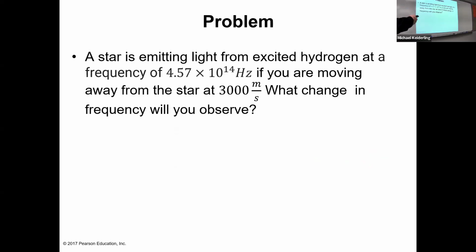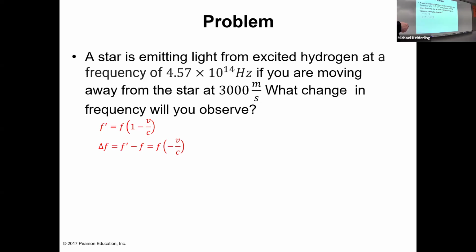So if a star is emitting light from excited hydrogen at a frequency of 4.57 × 10⁻14 hertz, and you're moving away from the star at 3,000 meters per second, what change in frequency will you observe? The frequency is the base frequency times 1 minus the speed over the speed of light, because you're going away from it, it's minus.